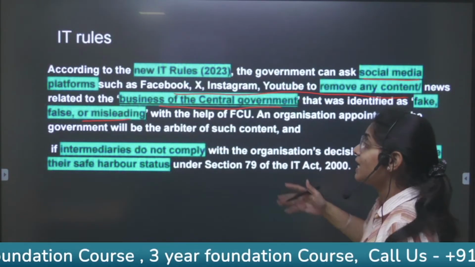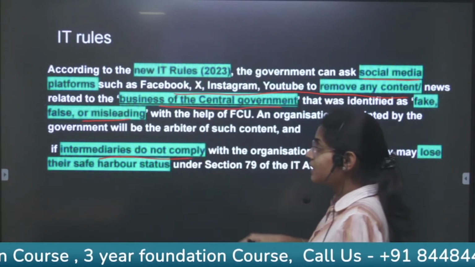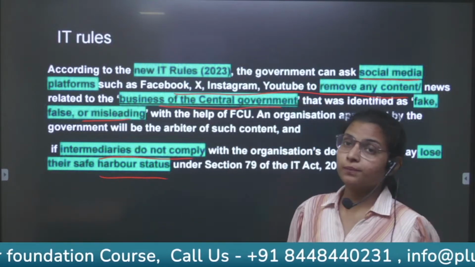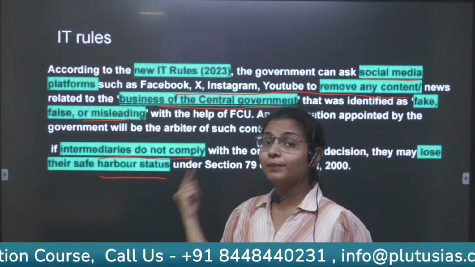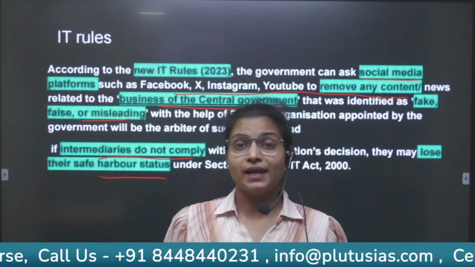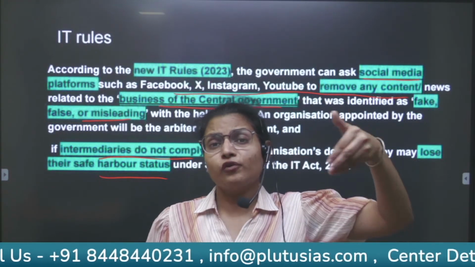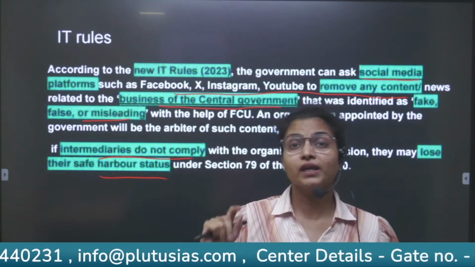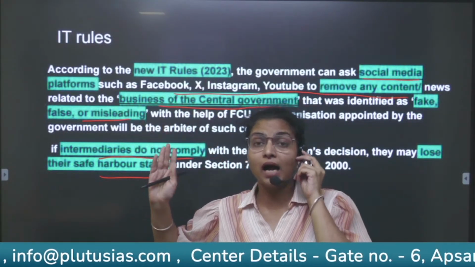We can remove this, and if the intermediaries do not comply, then they will lose the safe harbor status. It means they will be liable for the third party act. If any influencer is putting something, then the intermediaries will be held liable for this if they are not complying with the IT rules.